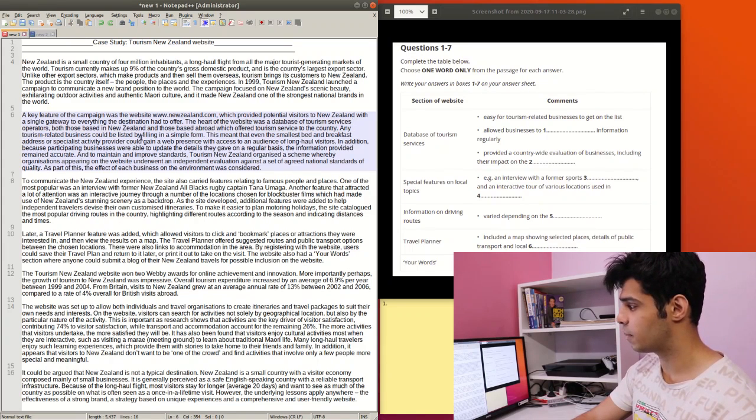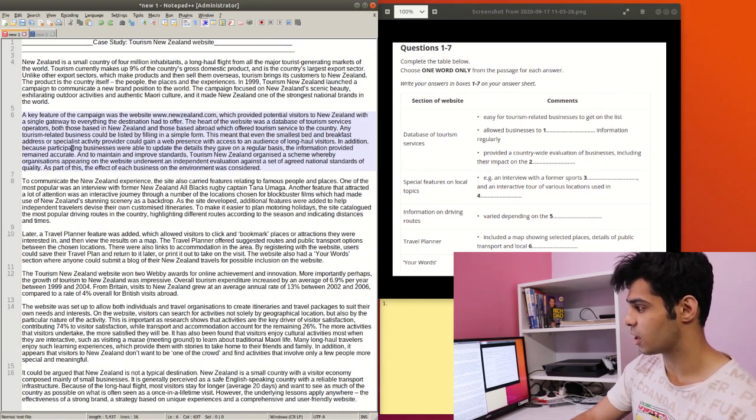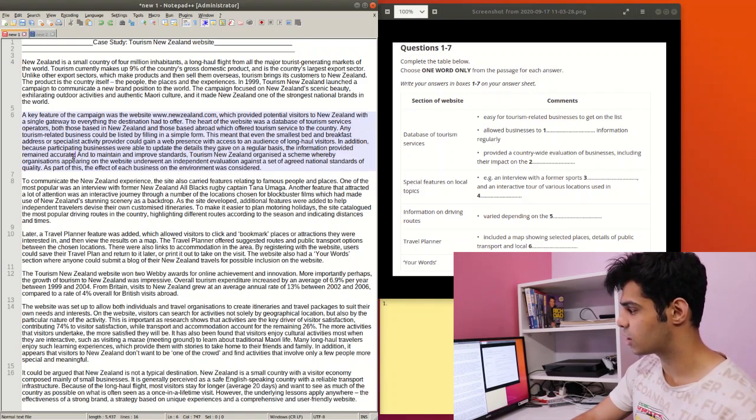Any tourism related business could be listed by filling up a form. This meant that even the smallest bed and breakfast address or specialist activity provider could gain web presence with access to an audience of long haul visitors. In addition, because participating businesses were able to update the details given on a regular basis, the information provided remained accurate. Okay, so this is the part that we've reached.